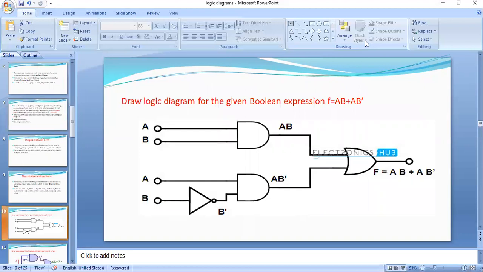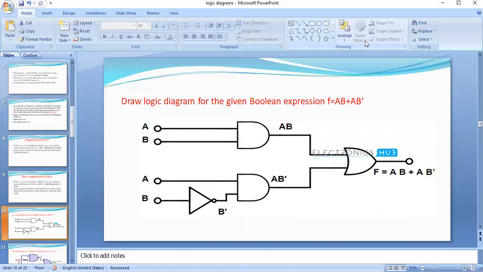We have to know how to draw a logic diagram for the given Boolean expression. Here I'm taking one example: the function f is equal to AB plus AB bar. Here f is the left hand side, the output, and A and B are input variables.